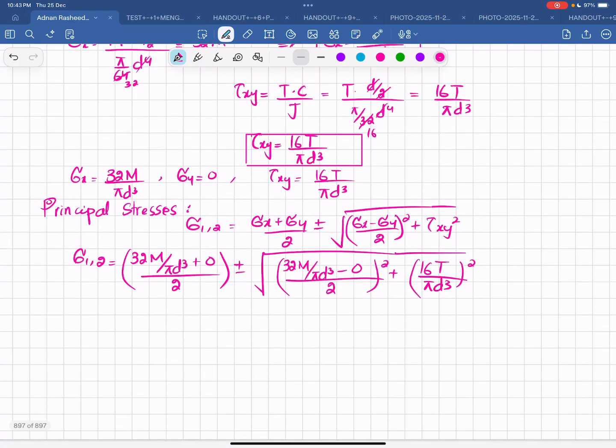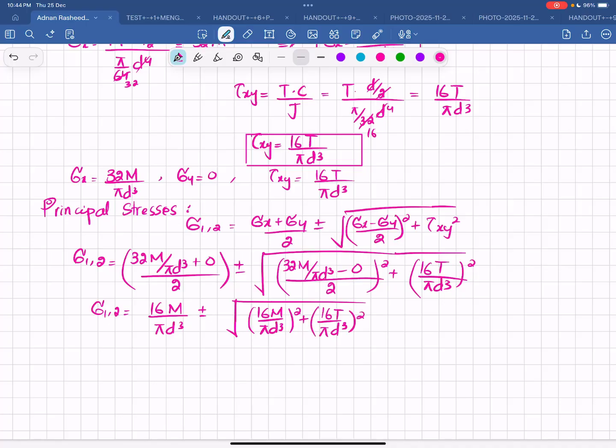Okay, and what we will get here is that sigma 1, 2 will be equal to 16M over pi d cube plus minus under the root, 16M over pi d cube whole squared plus 16T over pi d cube whole squared.